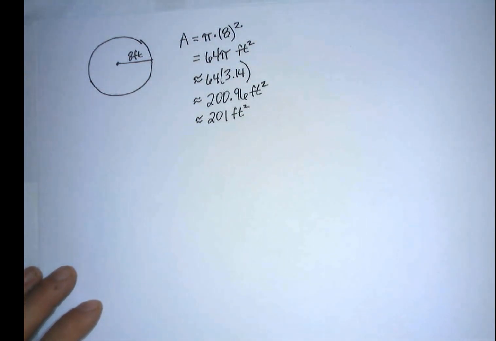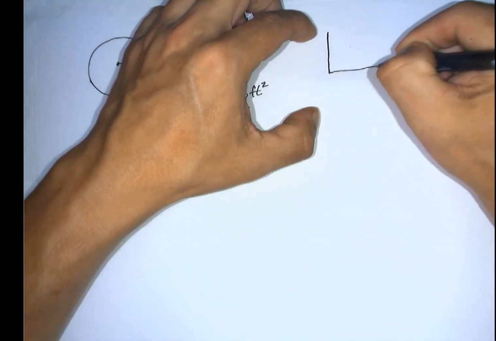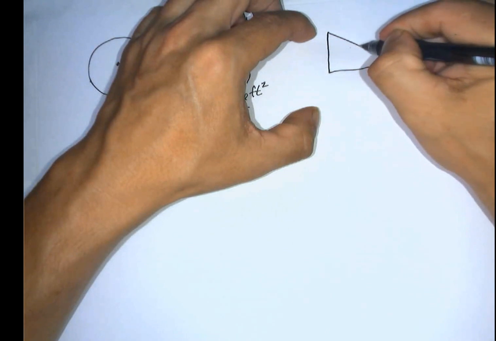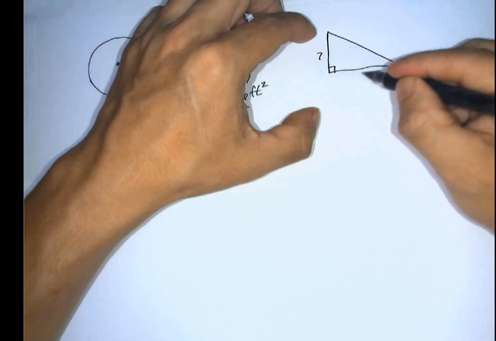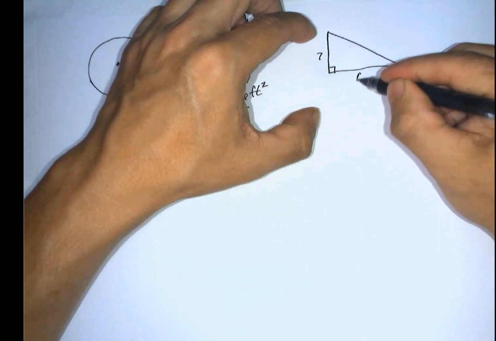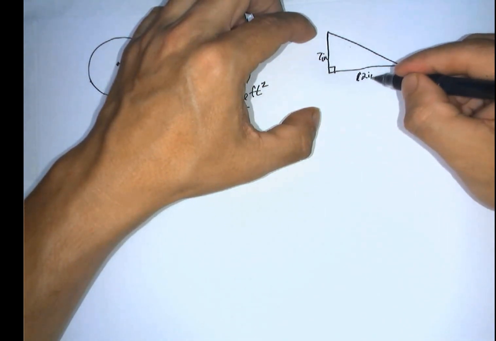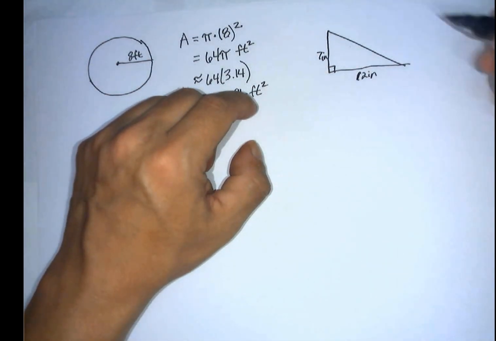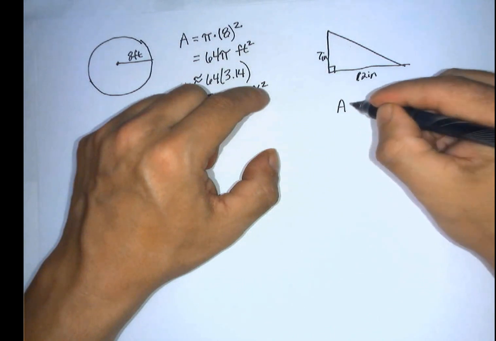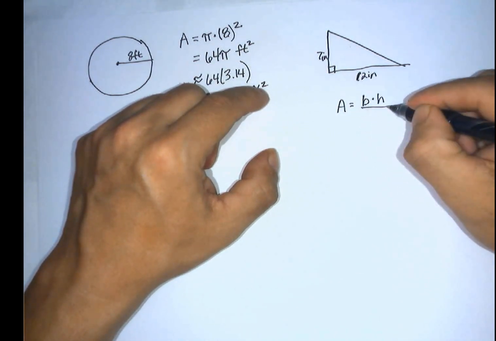Let's look at a triangle. And you notice right off the bat that it's a proper triangle to use because the base and the height are perpendicular to each other. They meet at right angles. So the area is going to be the base times the height divided by 2.